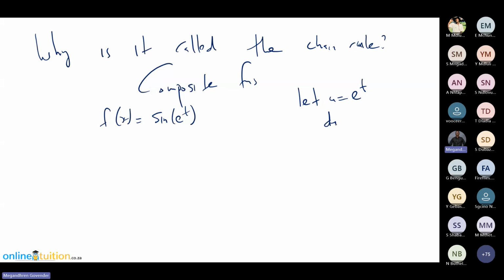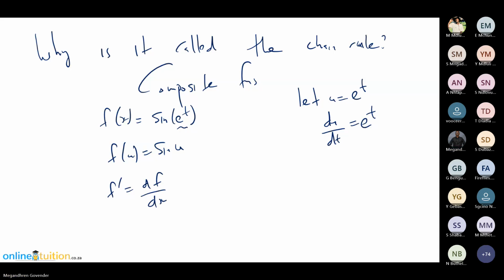Then watch. du dt we know is e to the t. So this function now becomes a function of u, because e to the t is now u. So if I want f prime, which is df dx, watch the chain building up now.